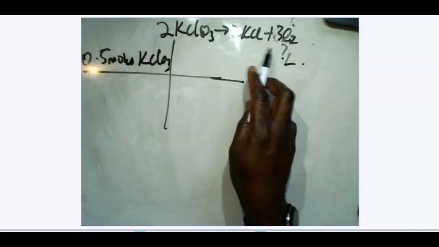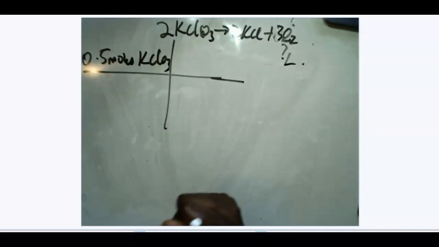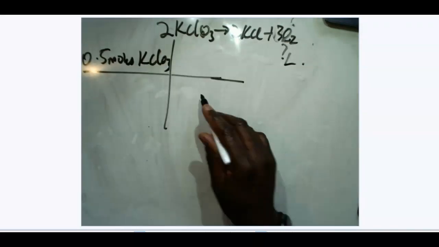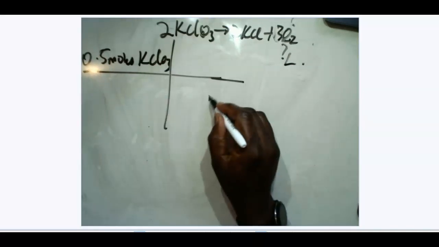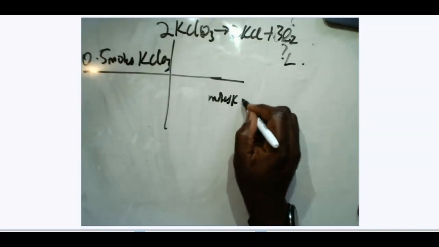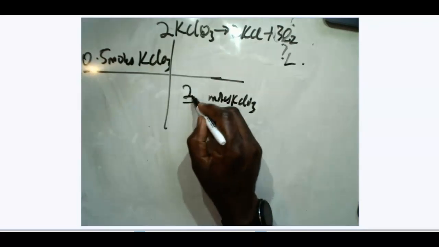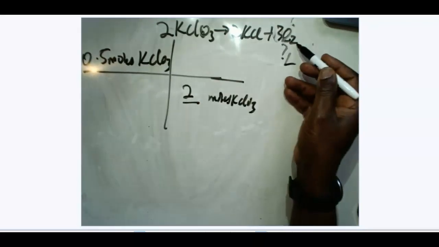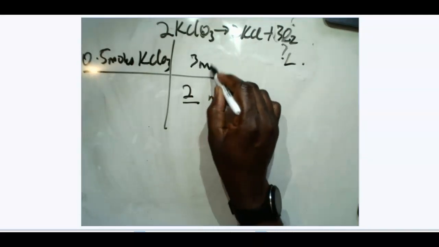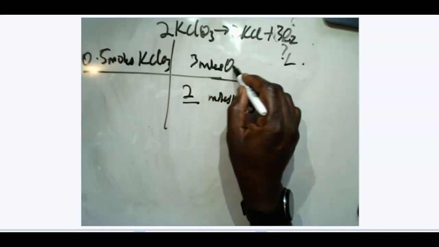So, since an equation is involved, we have to use our mole ratio. So moles of KClO3 will be here, which is 2. What are we looking for? Oxygen. So 3 moles of oxygen will be at the top.